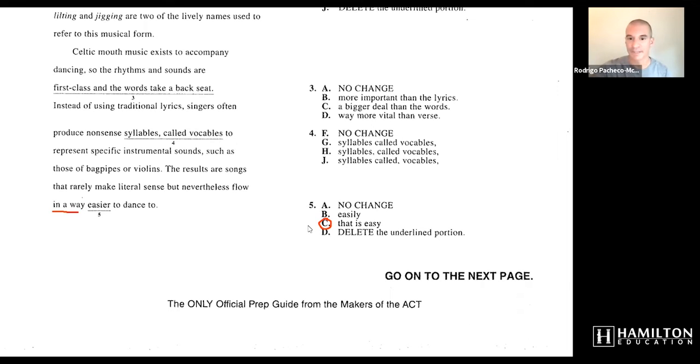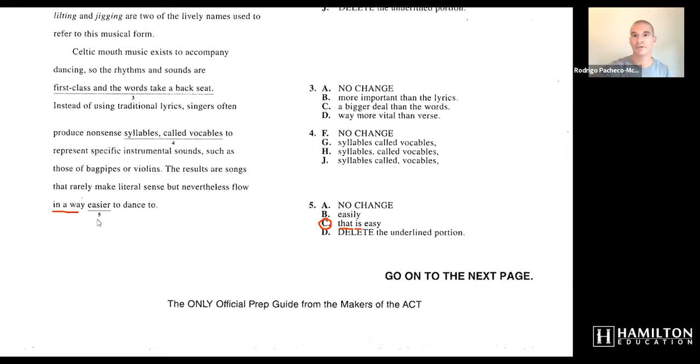What C gives us here is a relative dependent clause. We have our relative pronoun and we have a verb, right? The 2 things that we need for a clause: subject, as we have here with our pronoun, and verb. Let's go through the other answer choices. We can eliminate A, easier, because we don't have a comparison that uses than. To use the comparative form of an adjective, we also have to use than.